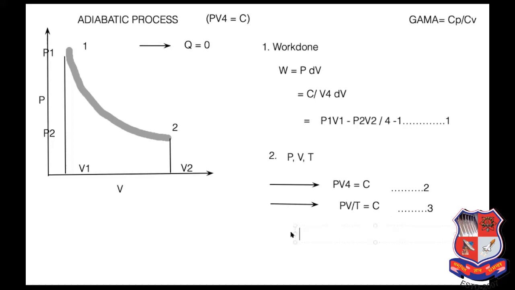these two equations, we get the ratio between pressure, temperature and volume: T1 by T2 is equal to, in bracket, P1 by P2 bracket over gamma minus 1 divided by gamma, is equal to, in bracket, V2 divided by V1 bracket complete, raised to gamma minus 1.